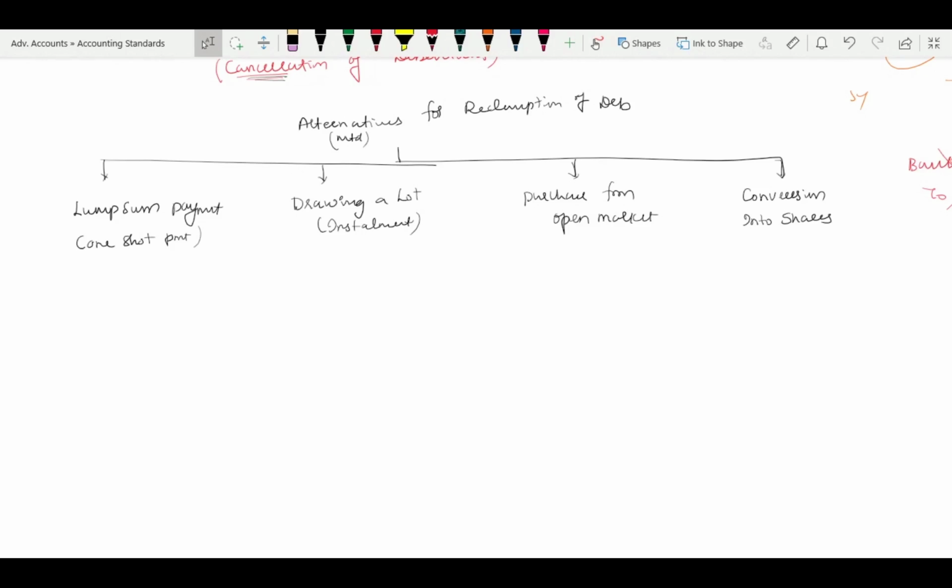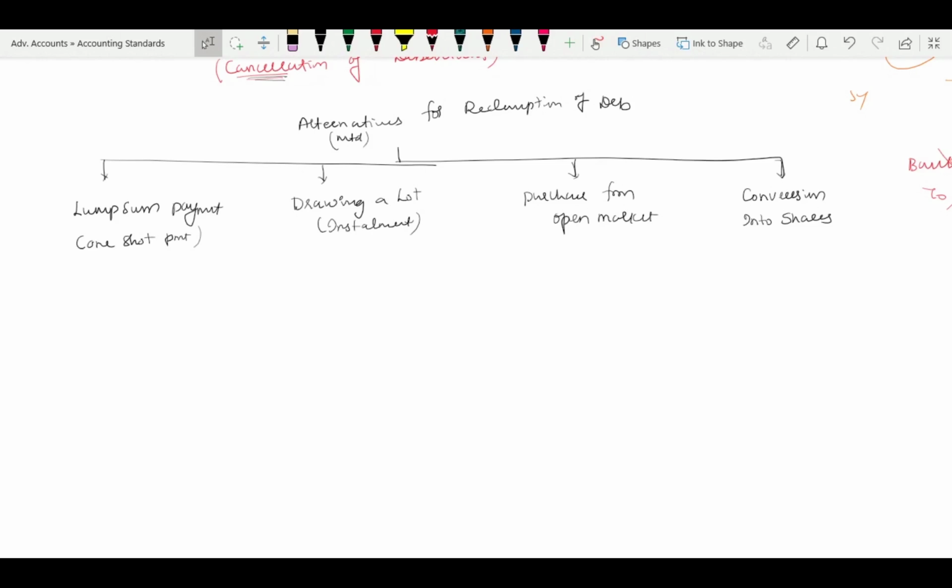Drawing a lot, etc. Earlier, before the chapter was revised, conceptually, even now, the debentures may be purchased out of profit, by selling assets, or by fresh issue of shares, or through a sinking fund. Out of profit, there were models with the sinking fund and without the sinking fund. Now, because the chapter was revised, there are no adequate problems for that. So they have just given whatever is in a model.